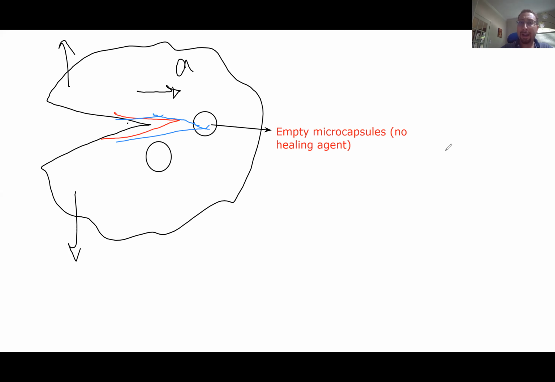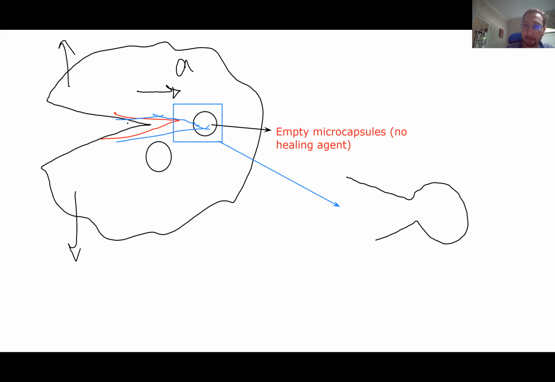Okay, so now if I zoom in on this region, what I'm going to see is a crack that is like that.